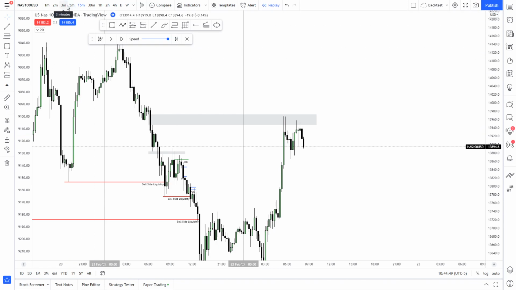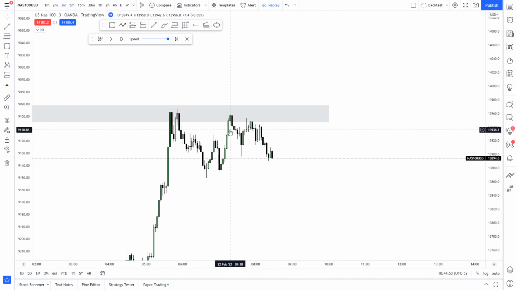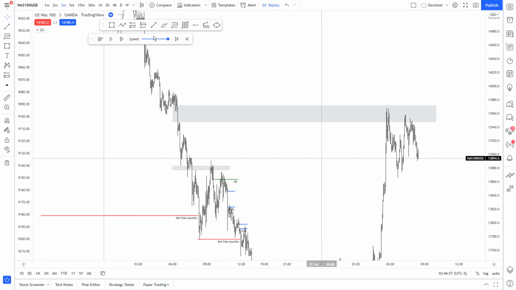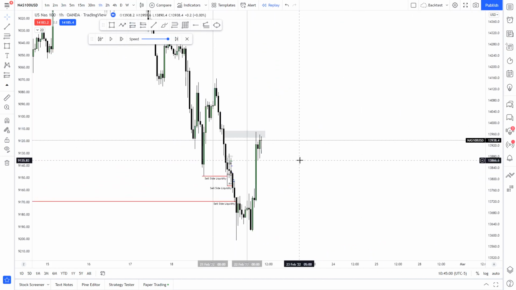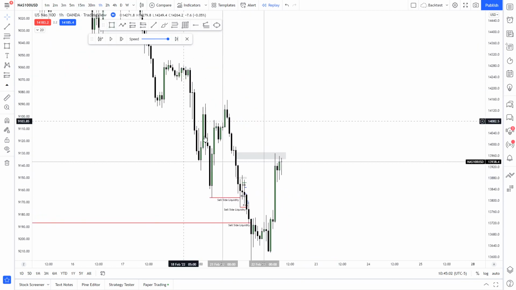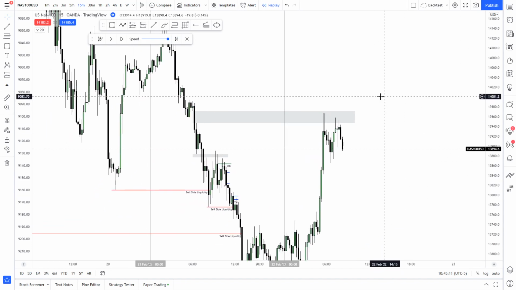So 3 minutes. Okay, so right now we see price is consolidating. So price consolidating, we want to see this high get taken. Let's have a look real quick. Okay, so this is the 15-minute.